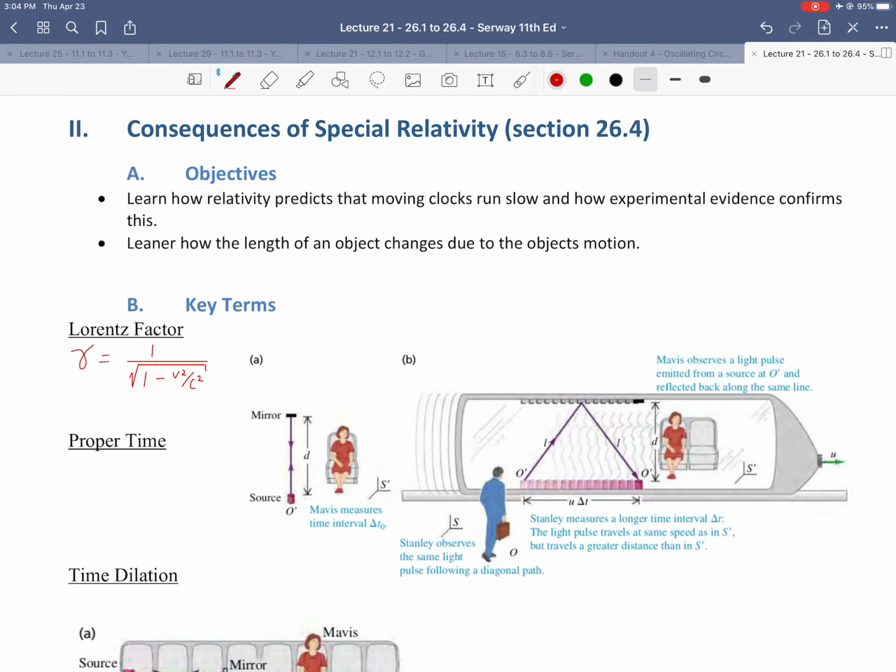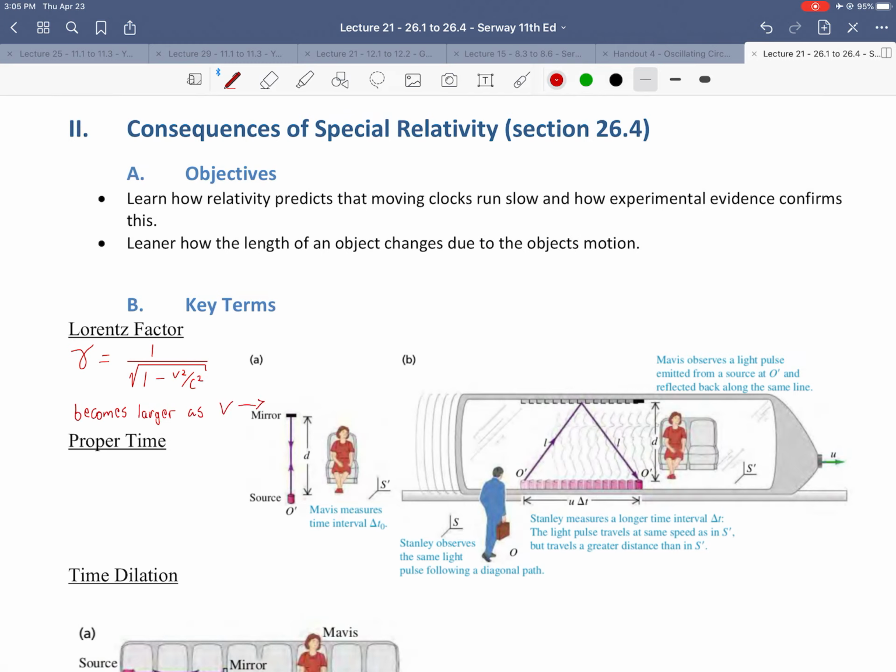Okay? So for example, if you're traveling at 99% the speed of light, then this part right here, v squared over c squared, would just become 0.99 squared. And the idea of the Lorentz factor is that it becomes larger as v approaches c.